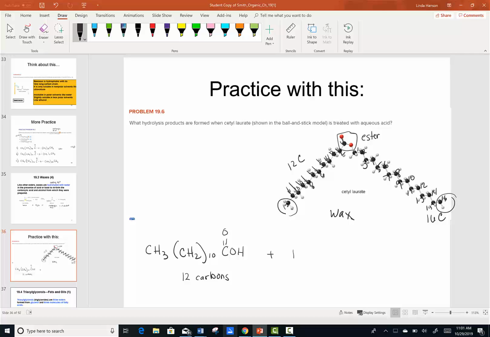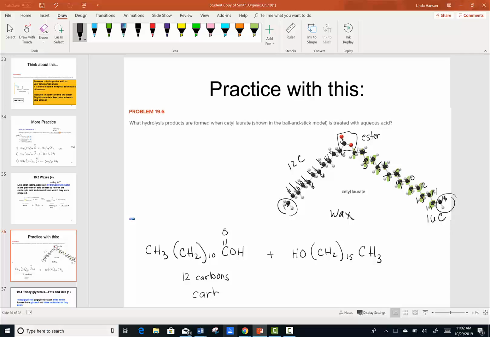Well, we can write it in this direction. We can write the alcohol, and then bonded to it were 15 CH2 groups terminating at the CH3 at the end of the chain. And that gives me 16 carbons altogether.